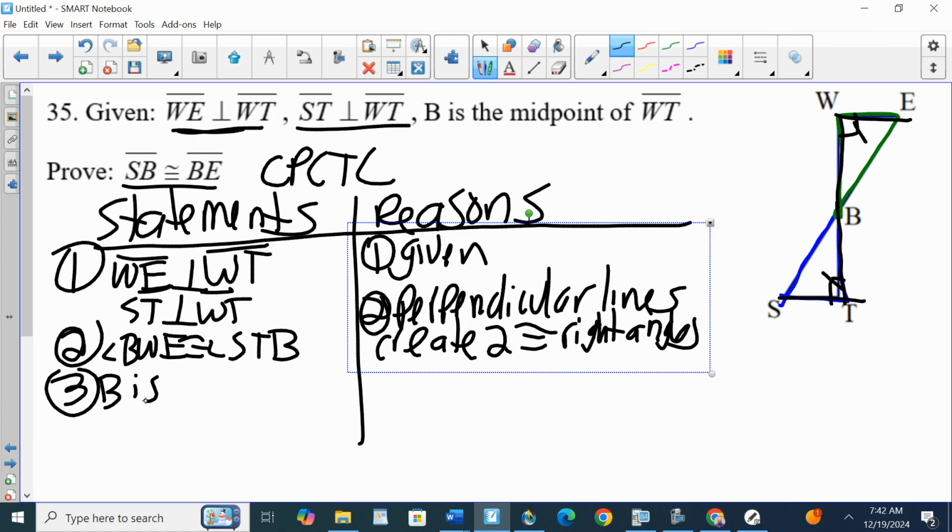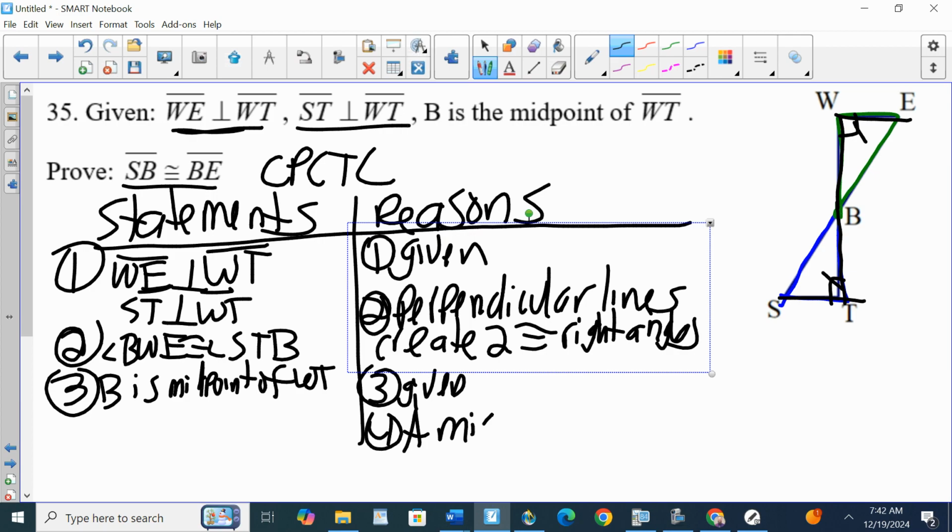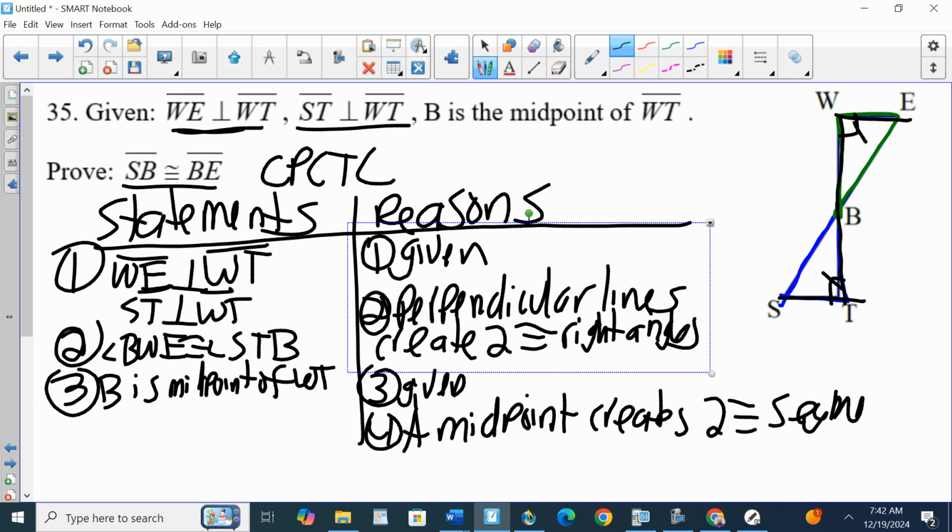B is the midpoint of WT, given. A midpoint creates two congruent segments. So B is the midpoint of WT, so we're only looking at WT.